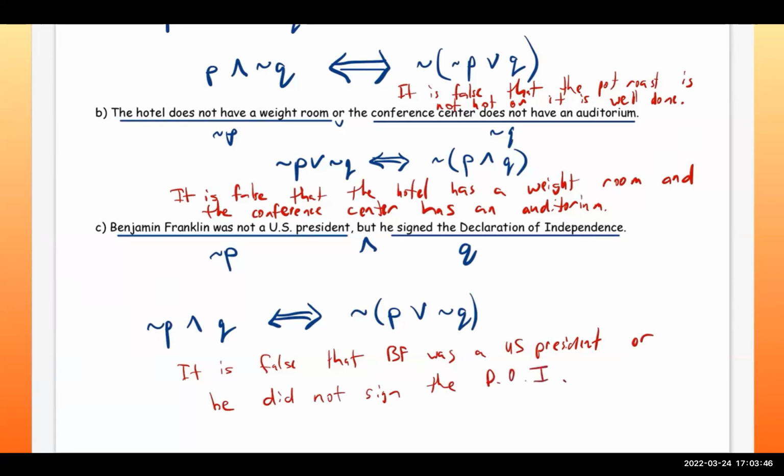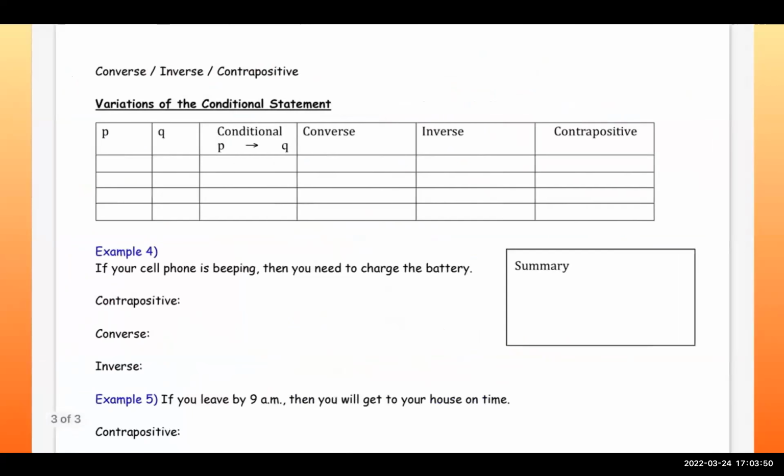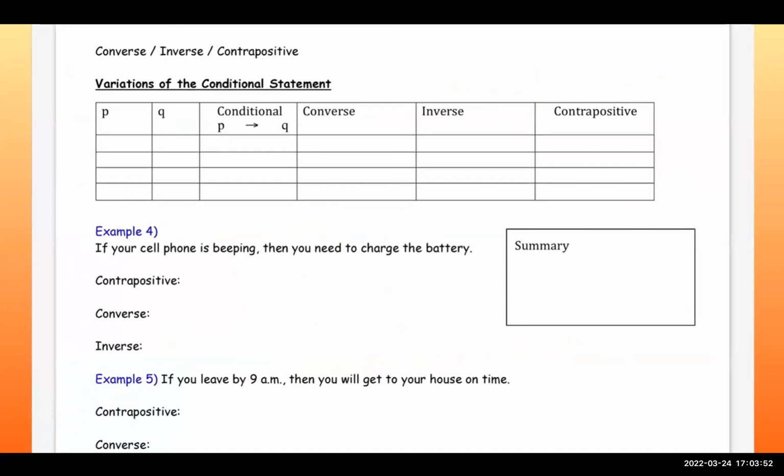All right, the next topic is converse, inverse, contrapositive. So let's take a look at this. All right, so let's fill out this truth table. So we have true, true, true, false, false, true, false, false. Those are all the combinations. And we know that true implies true. If T, then T is true.